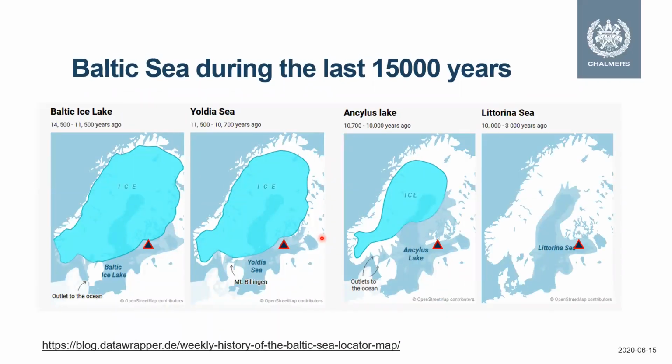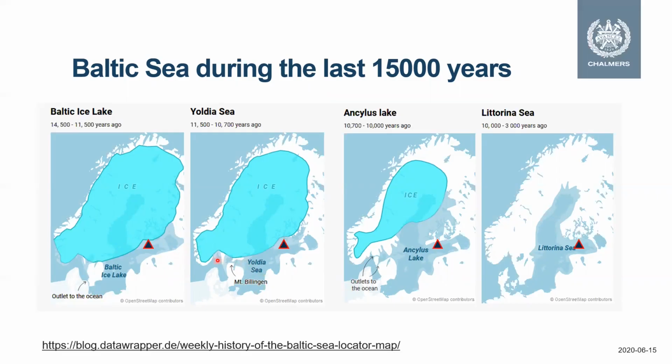The Baltic Sea went through several stages after the last ice age. In the first stage, there wasn't a proper outlet to the ocean to make the Baltic a sea, so there was a period when it was the Baltic Ice Lake. The deposits under the glaciers, the rock flour, which weathered into clay minerals, were deposited in a lake environment, and you have very varved deposits.